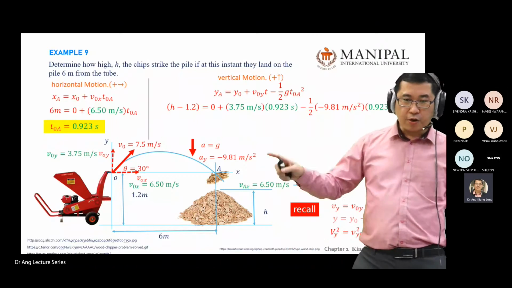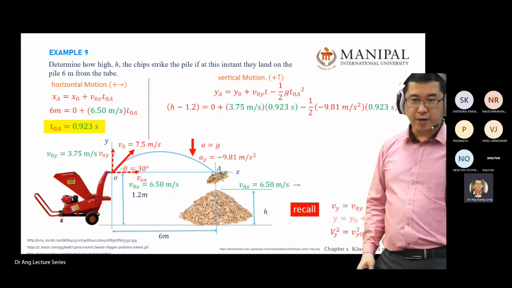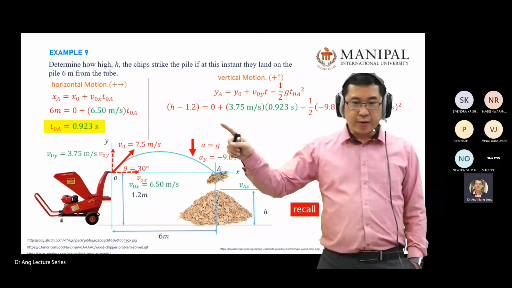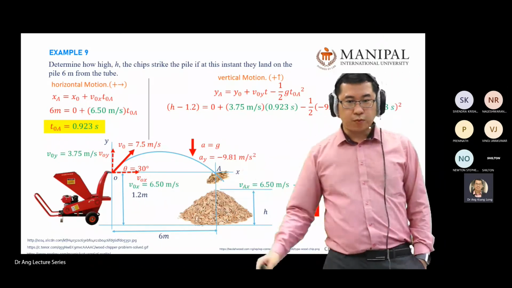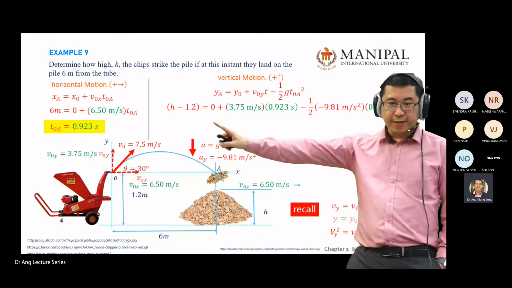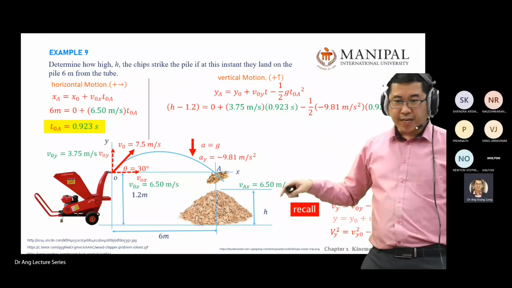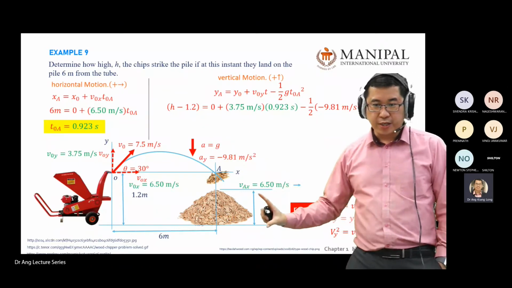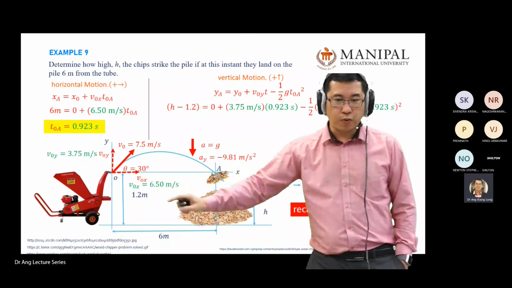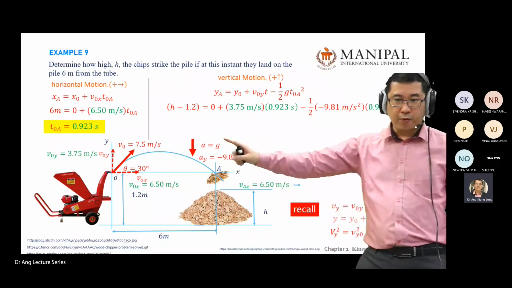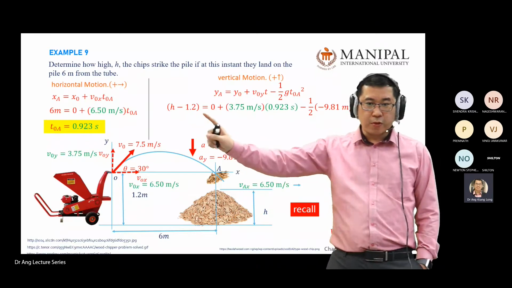And if you compare side by side this calculation, in the calculation we assume the H is higher than 1.2. That's why we put H minus 1.2.